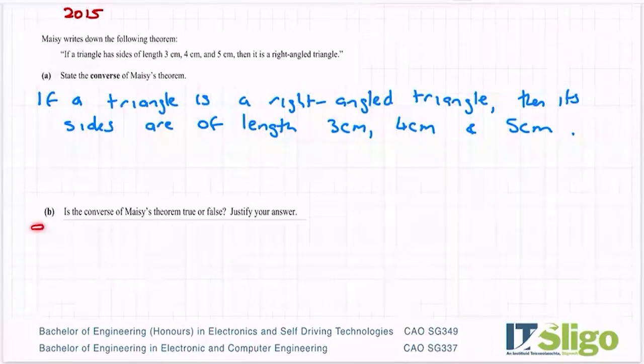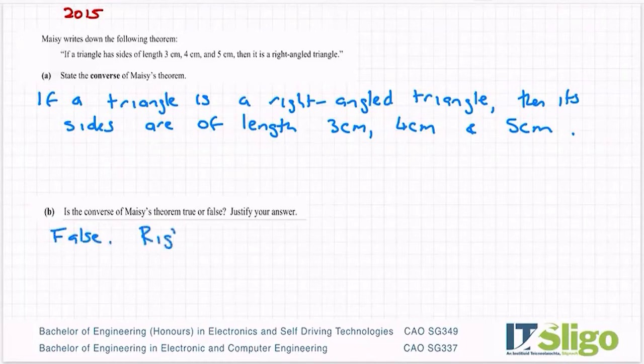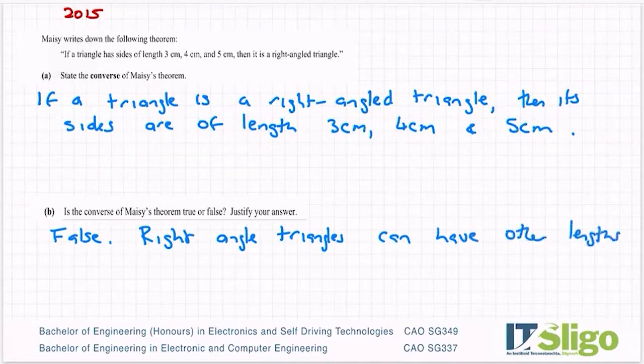And then, just like before, it says, is the converse of Maisie's theorem true or false? I would say false. Right-angled triangles can have other lengths of sides. Okay, and I would probably draw a triangle and I would make up some lengths of sides.